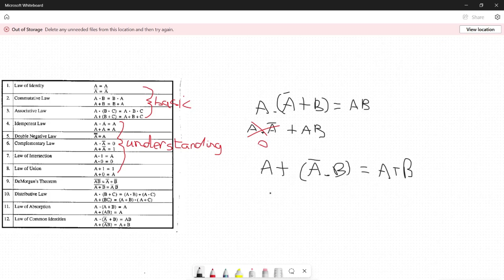So I'm going to say A plus A inverse times B. Well, that's just going to equal A plus A inverse, times A plus B. And now, once again, we know from the complementary law that this is going to equal 1, and then 1 times A plus B will just give us A plus B, and there we go.